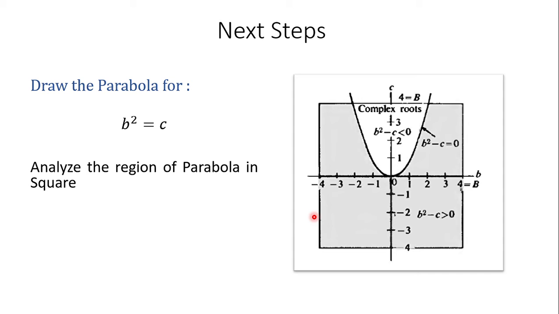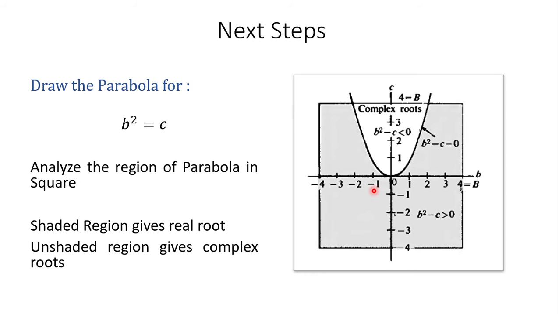Now that we have drawn the parabola, the question is what is the probability of getting real roots. We can see that this shaded region, this blue region, gives real roots, and the unshaded region gives us the complex roots where b square minus c is less than 0.